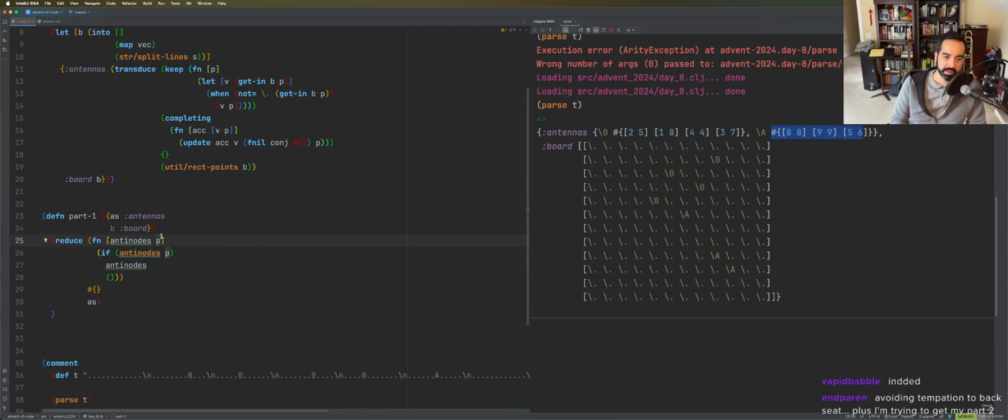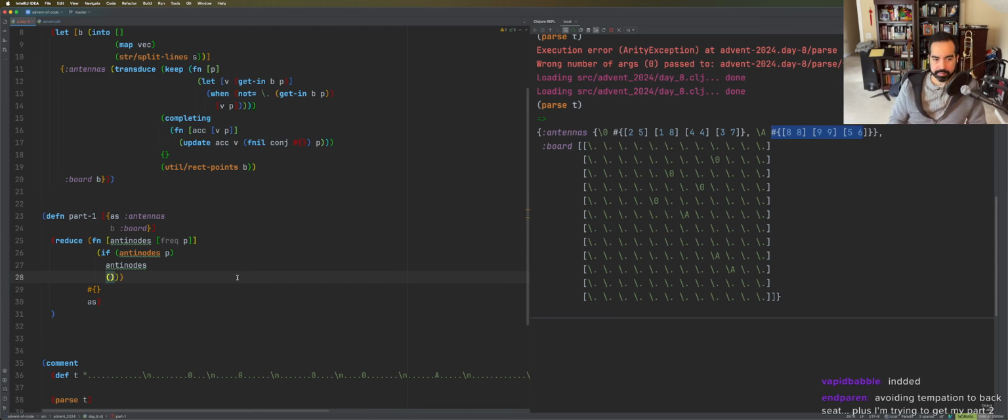Wait, what's right here? We have point and wait, no, the frequency and the point. And we're looking for our antinodes, right? If antinodes, right, this is still the case, like it might already be an antinode.